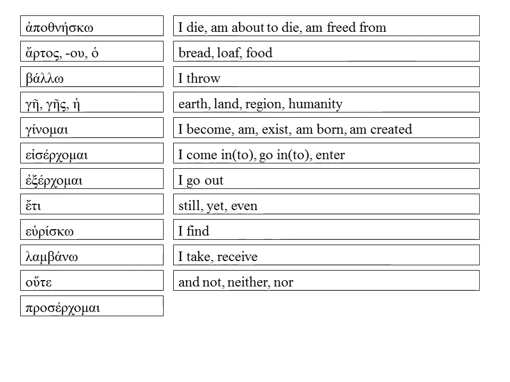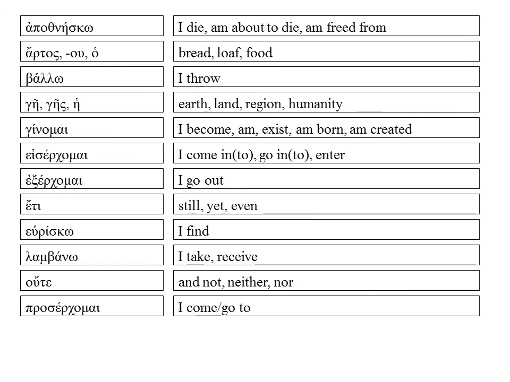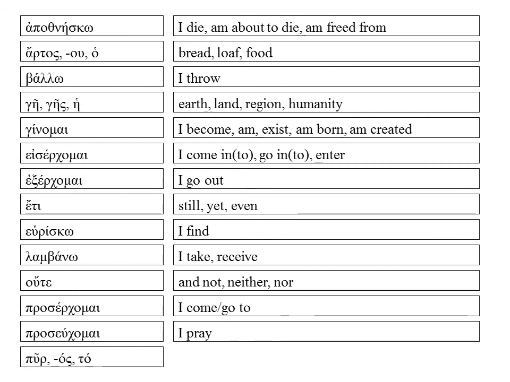Proserchomai. Another preposition to erchomai. I go to. Proseuchomai. I pray. Pur. Third declension, neuter.